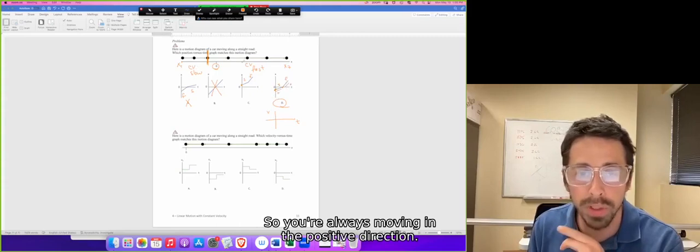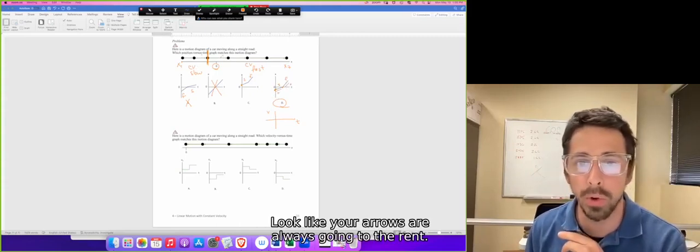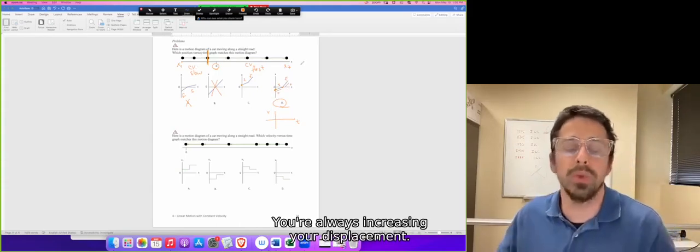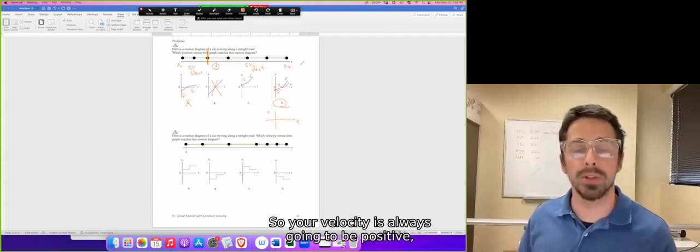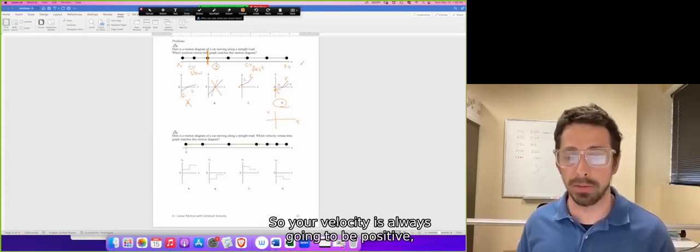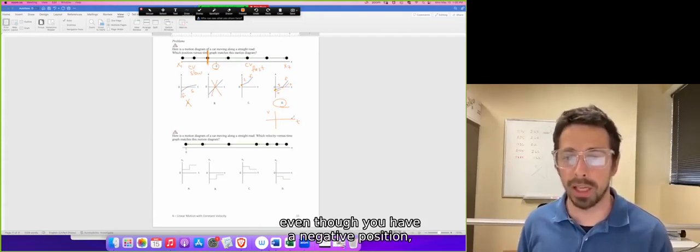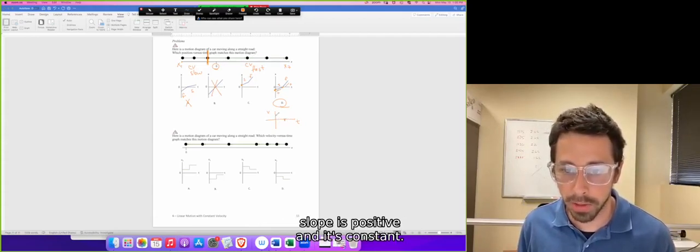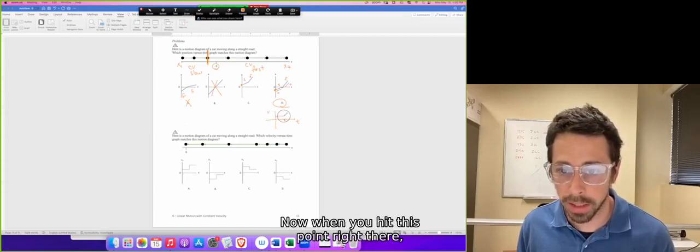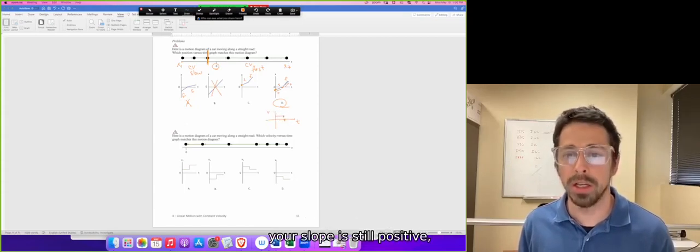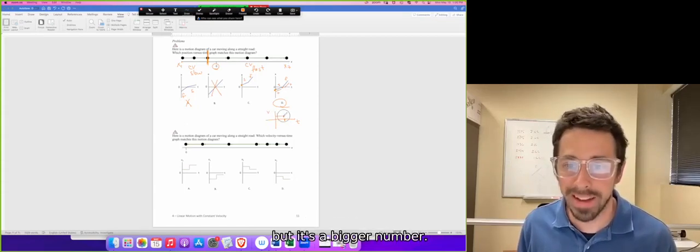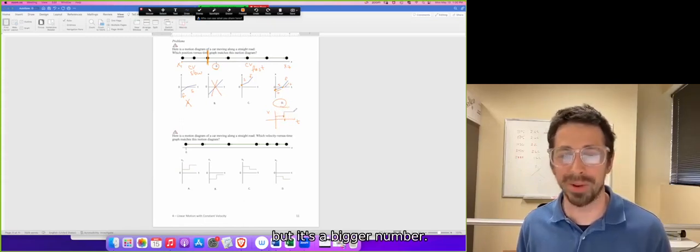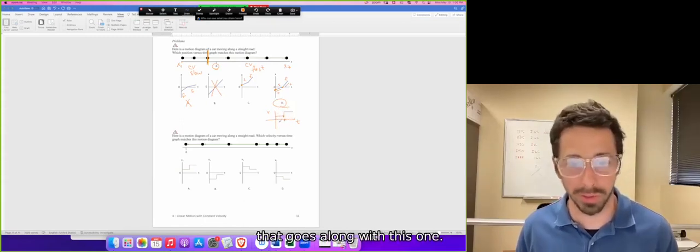So you're always moving in the positive direction. Look, your arrows are always going to the right. You're always increasing your displacement. So your velocity is always going to be positive, even though you have a negative position. Slope is positive, and it's constant. Then when you hit this point right there, your slope is still positive, but is a bigger number. So that's the velocity time graph that goes along with this one.